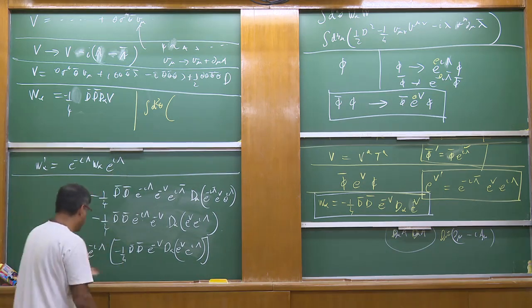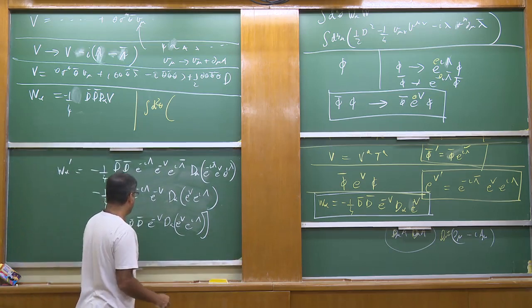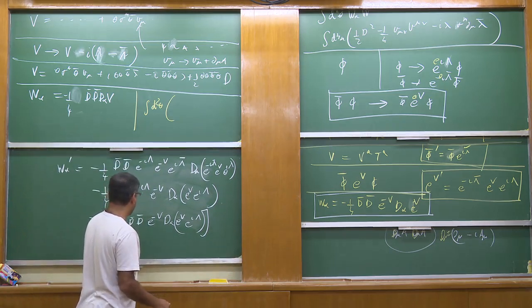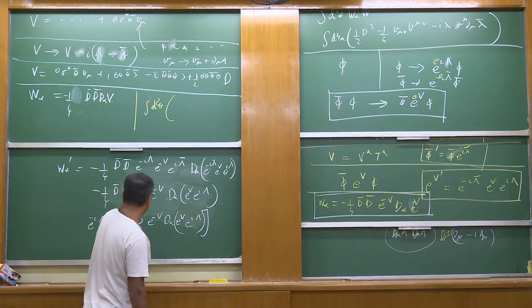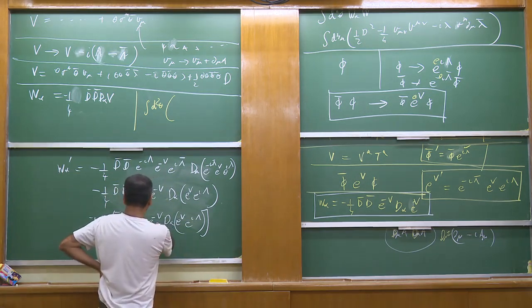So now let's check just one more thing left. We are acting on e to the power I lambda, which is 0. It's chiral. The D bar would be 0, and there is this additional term.